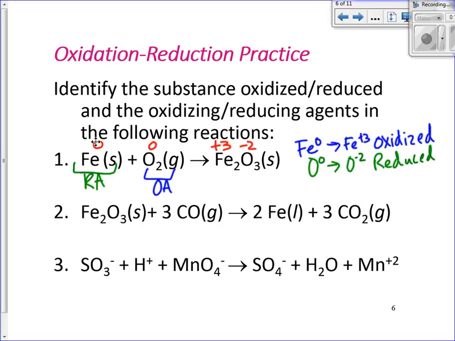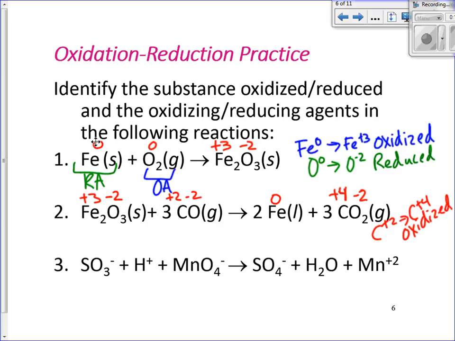Down here, same charges, +3, -2. This is now going to be a +2, -2, and 0, and +4, -2. So the carbon is going from +2 to +4, so it is being oxidized.